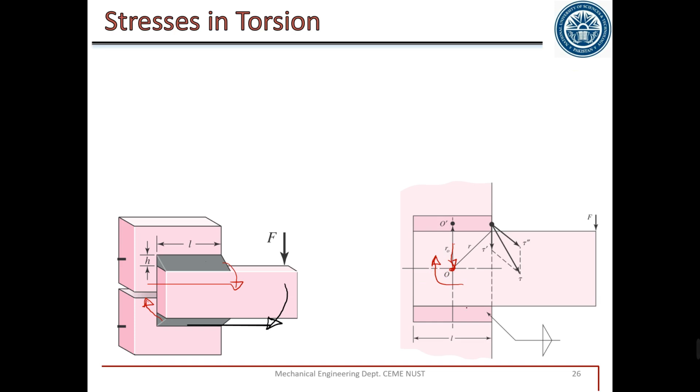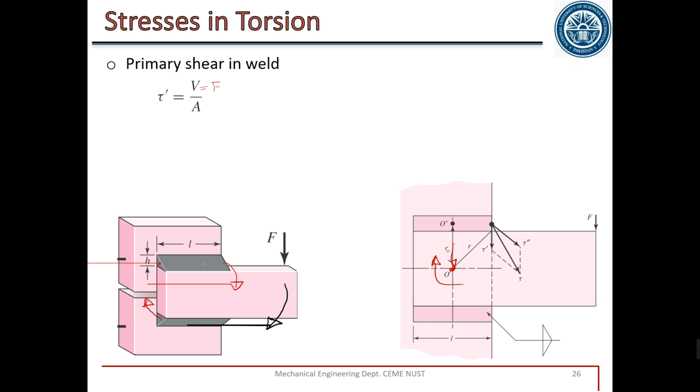And what will be the magnitude of this torsion? F multiplied by the distance from this point to this point. Primary shear will be easy: V, in this case V is equal to F, and A is the area of weld. And what is the area?